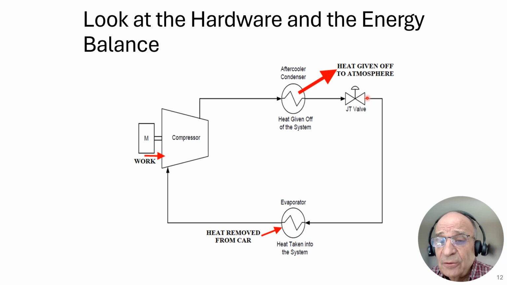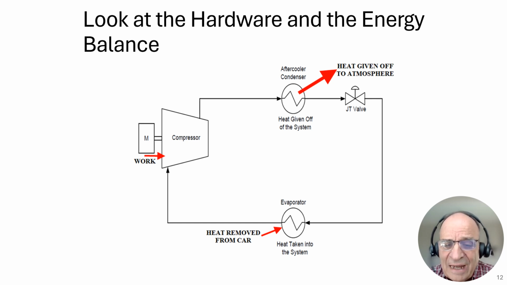Why is it constant enthalpy? Well, by the first law of thermodynamics, it's a device that has flow going through it, that has no work being added or removed, and no heat being added or removed. So it's a constant enthalpy. Whatever the enthalpy is here, it is also here. From there, it goes to the evaporator. That's your heat exchanger that's underneath the dashboard of your car.